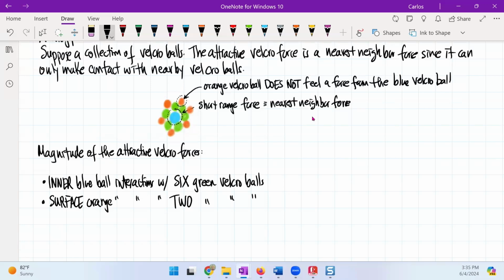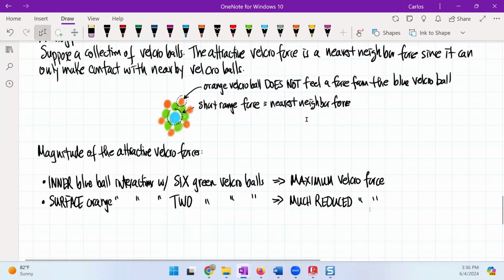So what you're seeing here is that the inner blue ball has maximum Velcro force. In this situation, we're seeing that this has a much reduced Velcro force.